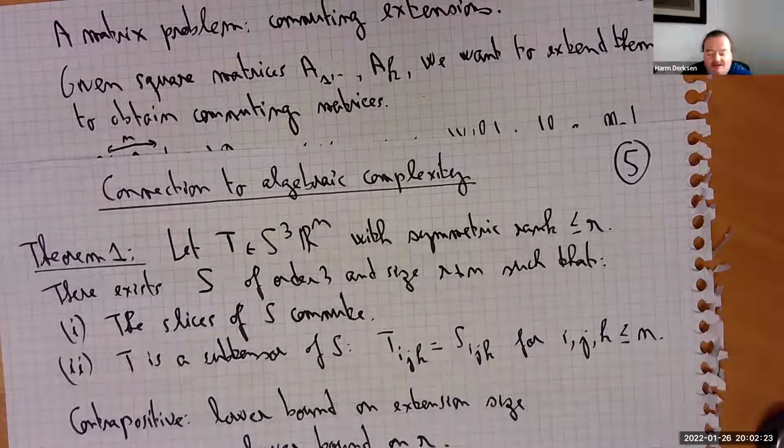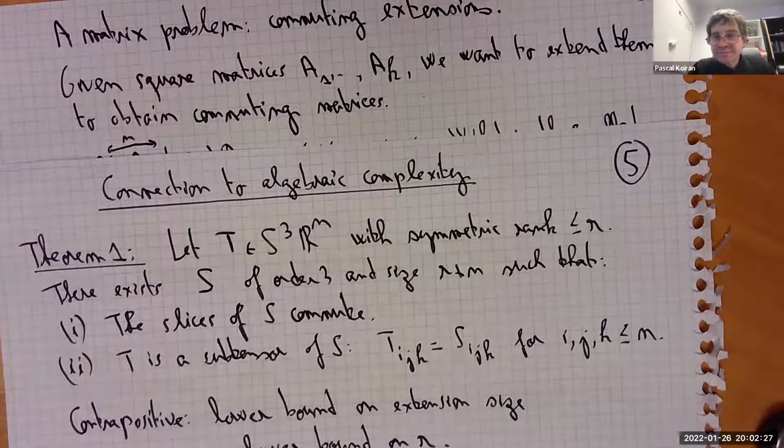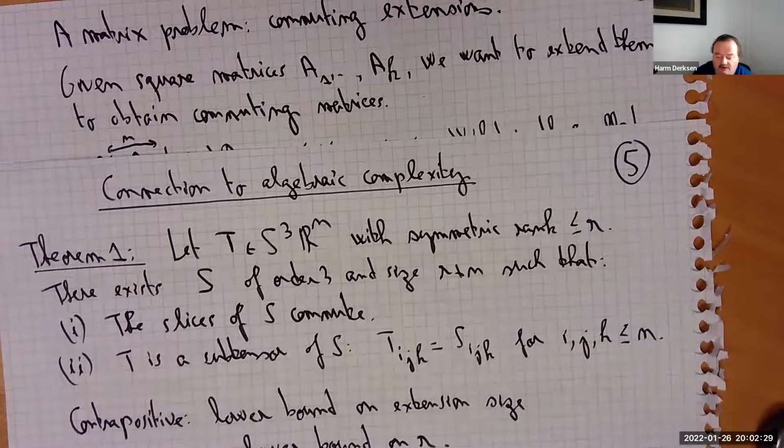I have maybe a question or comment regarding lower bounds for the size of this extension, this r. You mentioned this result of Strassen, and I think this should be related to the notion of non-commutative rank of a tuple of matrices.